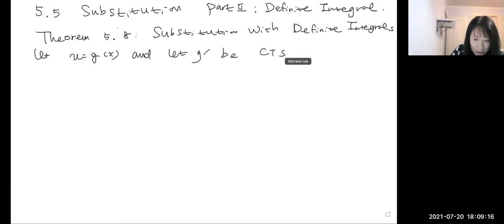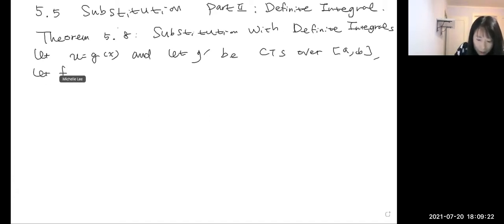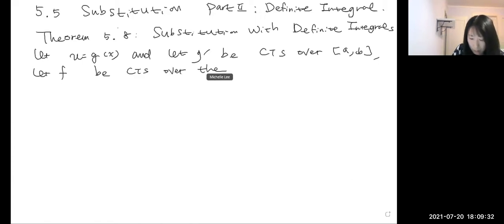continuous over the closed interval [a, b], and let f be continuous over the range of u equals g of x.